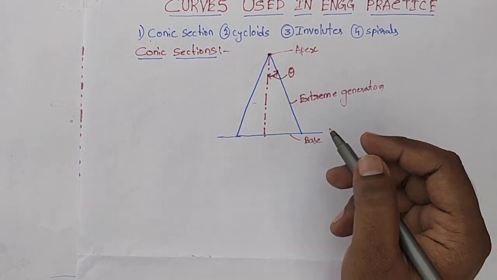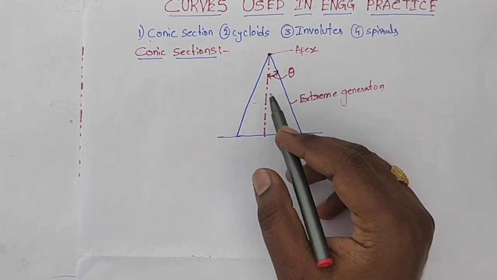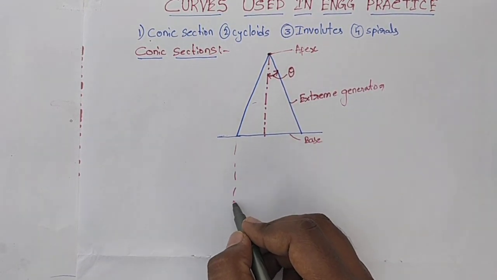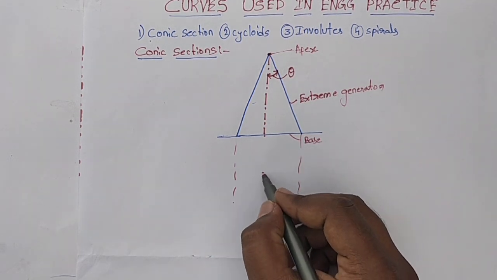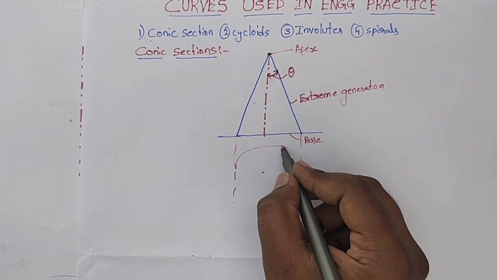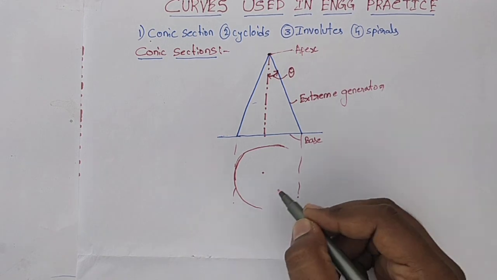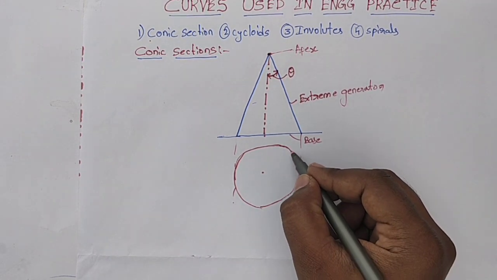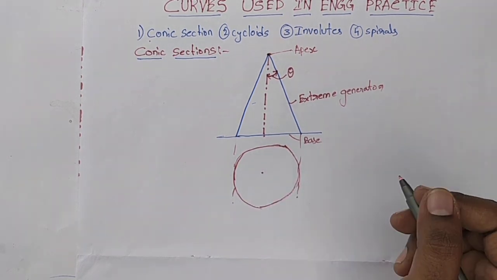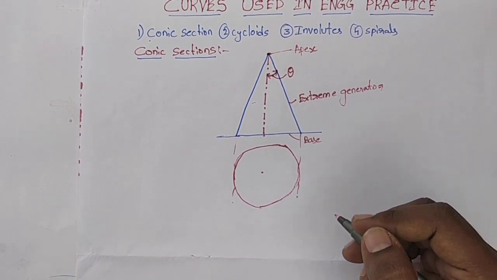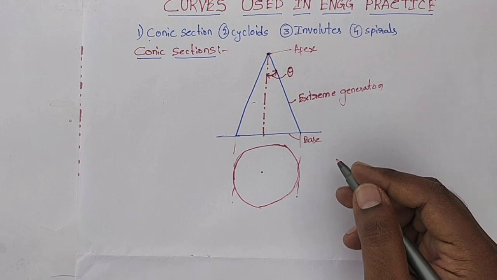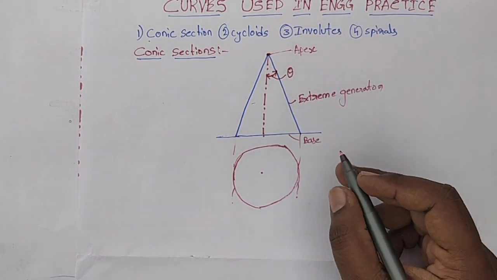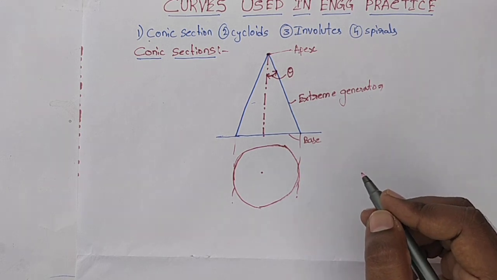This is the front view. If you view from the top side, the section observed from the top will be a circular object. Suppose I cut this cone at different positions.